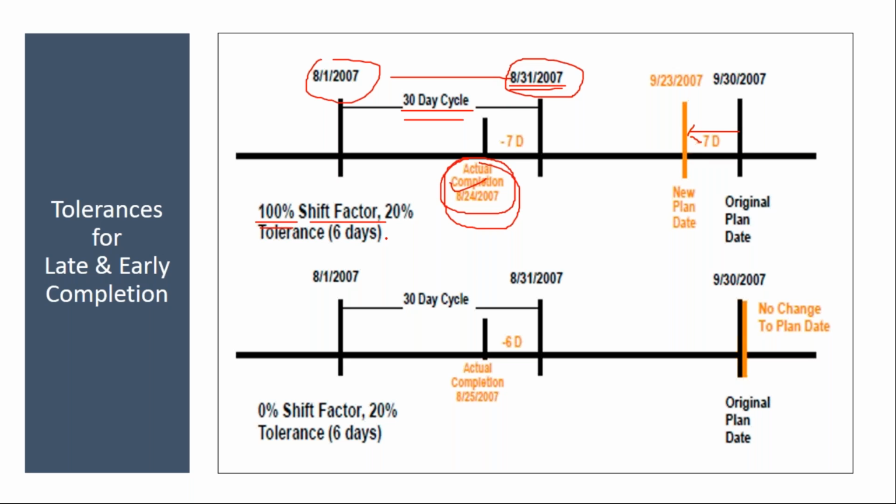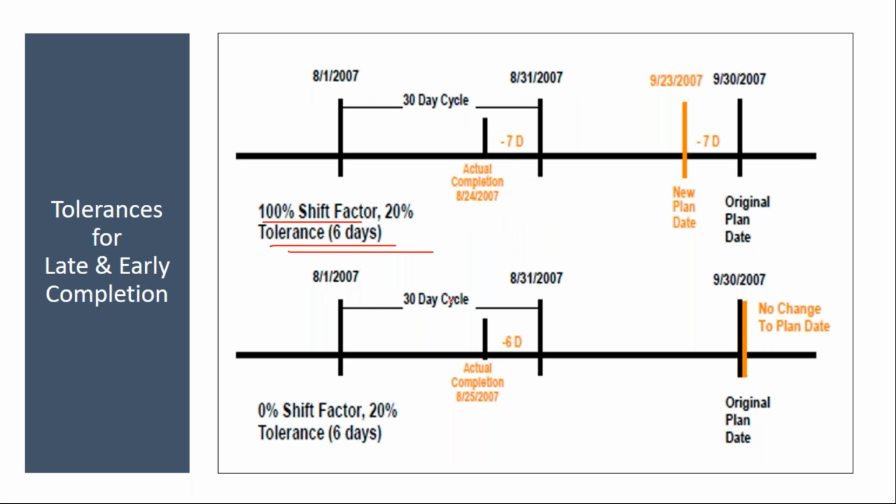Here, if they maintain a tolerance of 20%, 20% is 6 days. If it is completed 6 days early, then there will not be any shifting. So this is the tolerance. Out of that shift factor, you are giving some tolerance.